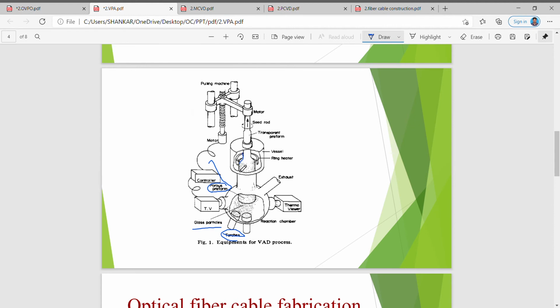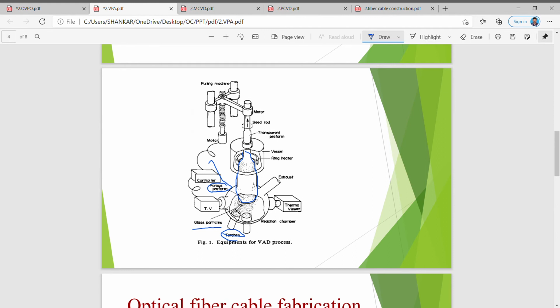Here you have the rod. By rotating this rod in the upward direction, the glass particles are formed into the preform. Whatever the reaction is here, the glass particles react with the rotation of the rod.